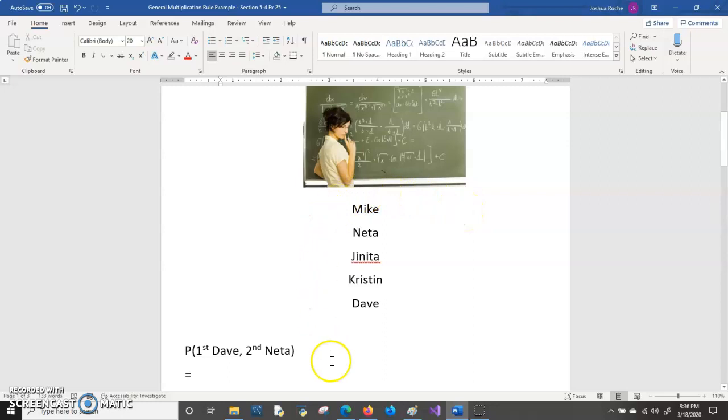There are 5 students. First, what are the chances that the teacher would pick out Dave for the first student? There are 5 students, there's only 1 Dave, so the chances are 1 out of 5.